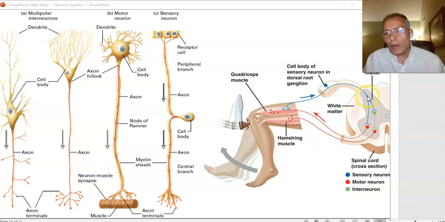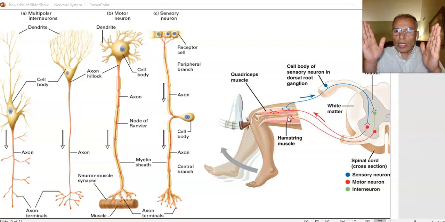There's another connection that the sensory neuron has directly with the motor neuron also. And that means that the signals coming from the sensory neuron activate the motor neuron. So then the motor neuron is going to cause these muscles to contract.